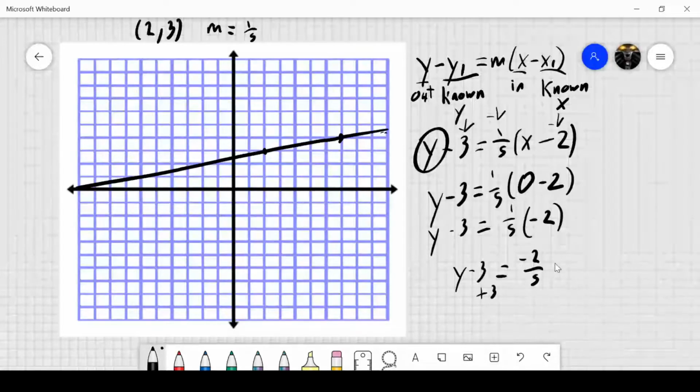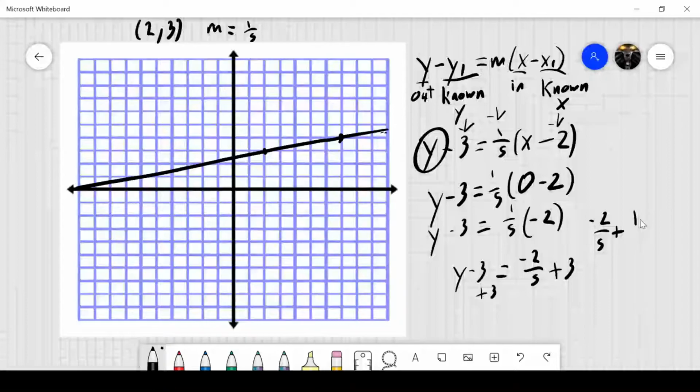Add 3 to both sides. And yeah, guys, this is going to get messy. So, best bet here, we convert to negative 2/5 plus 15/5.